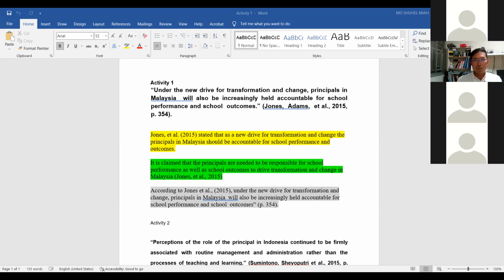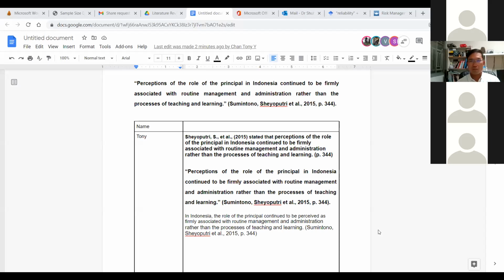Okay, I think all of you stop now. Let's see what you have done. So the first one is Tony's. Tony, just now I mentioned that if it is et al., it means the writer is more than 3.